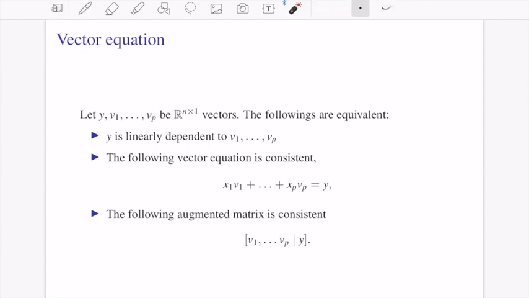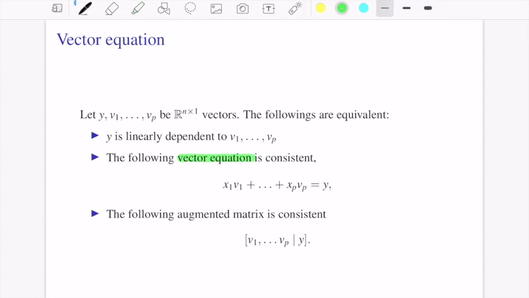So the question is: is y linearly dependent on v1 through vp? To justify this as a true statement or not, by definition, what you want to do is solve the following equation: x1 v1 plus up to xp vp equals y. This is called a vector equation.